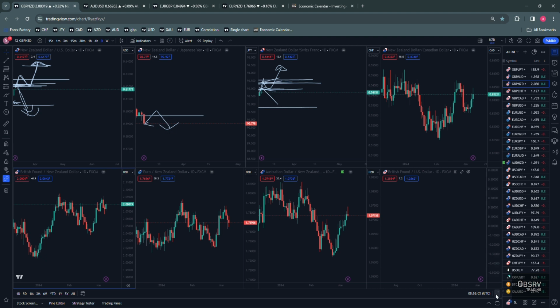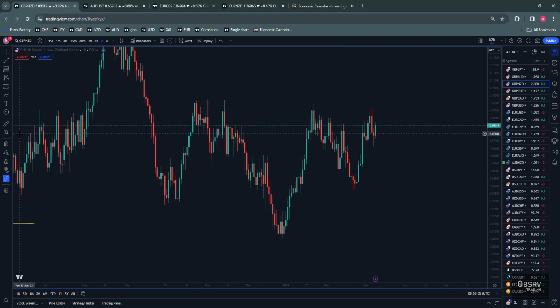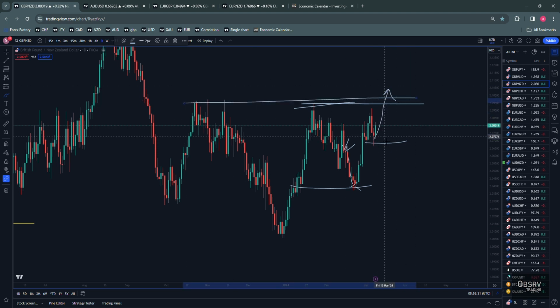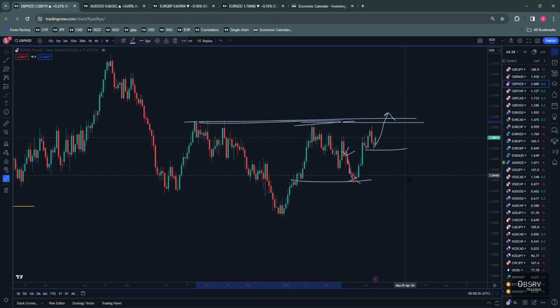Pound Kiwi, pound is pretty strong. Looks like it tried to sell here all the way to there, but then it was this buyer in control, and now it's this buyer in control. There is no attempt to higher highs, so it's probably going to continue to buy and go through this, and we'll see how the price unfolds.